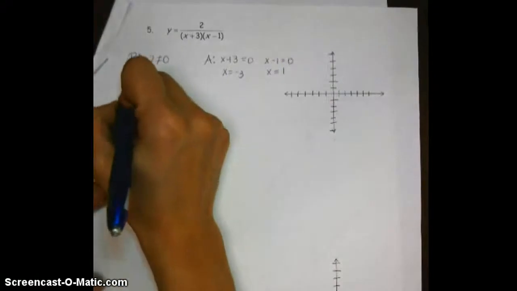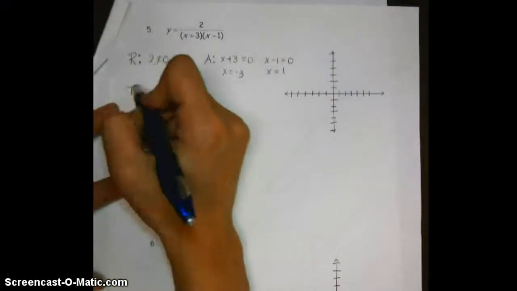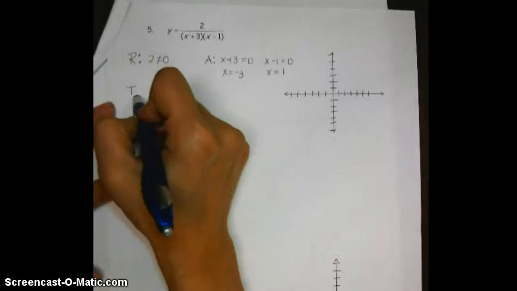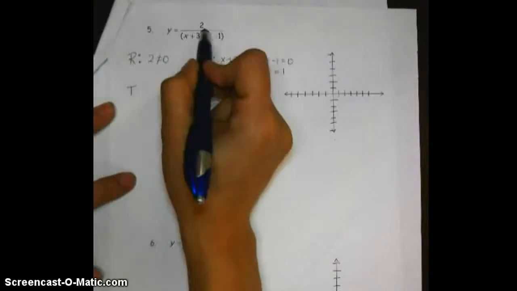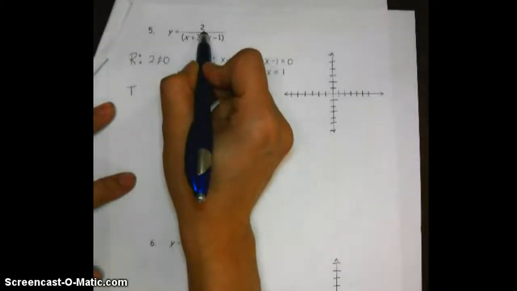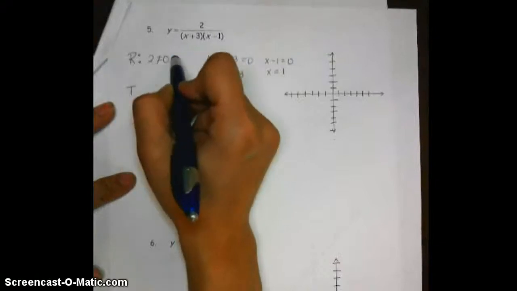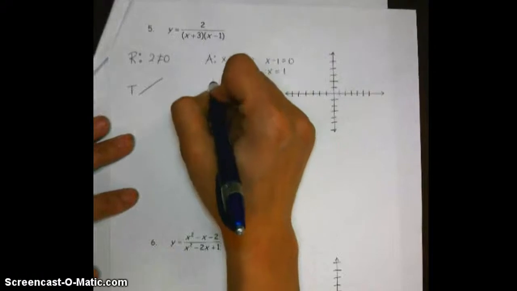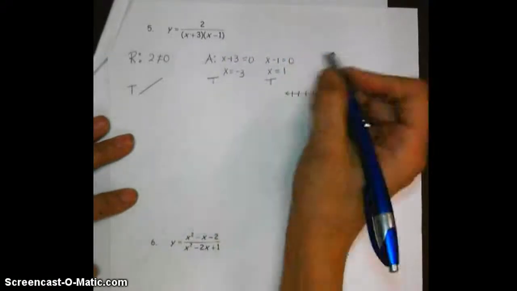The next step in the process is my t's. T underneath the r is talking about, is the root tangent? To figure that out, you need to look at the top and see if this is a squared, but remember we didn't have any roots, so that means I can't have a tangent root. Then when I talk about t's for asymptotes, I need a t for each asymptote.